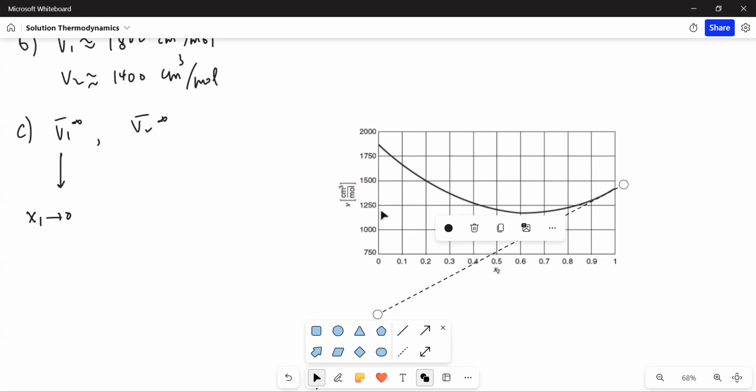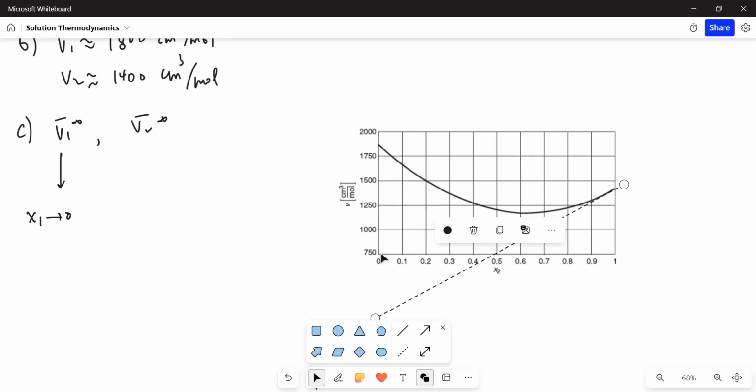We try to read off from the graph, but it's quite difficult because it's outside the grid. We try to just approximate: 1, 2, 3. So approximately 250. This is 500, 250, a very low value.